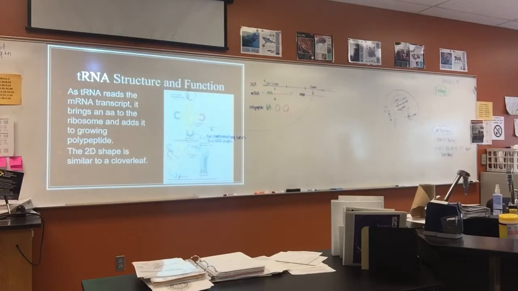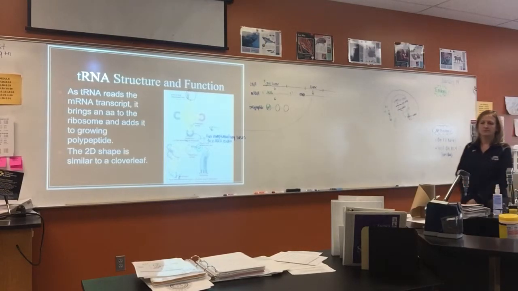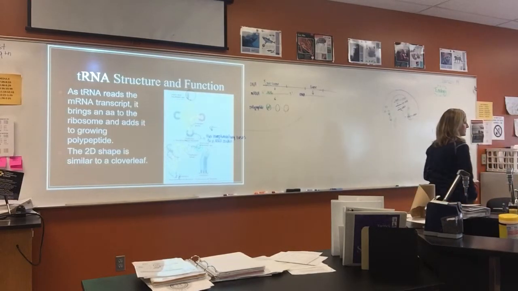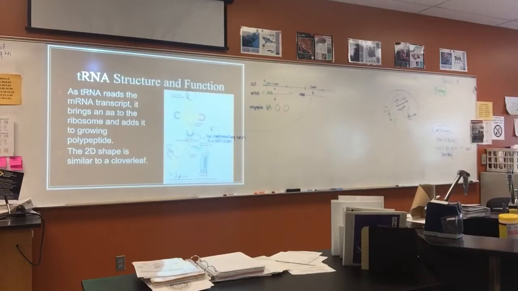So what amino acid would that tRNA molecule with the anticodon AAG bring? I'm asking for that tRNA molecule with the anticodon AAG. What amino acid would it bind to?